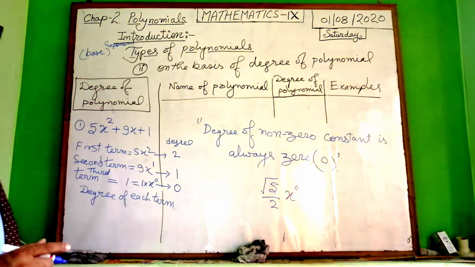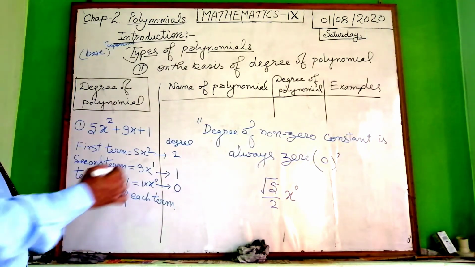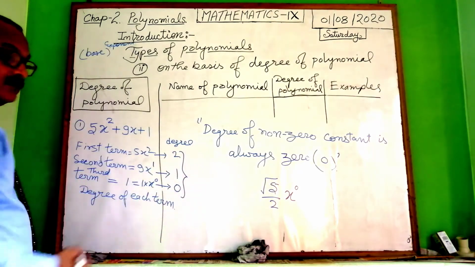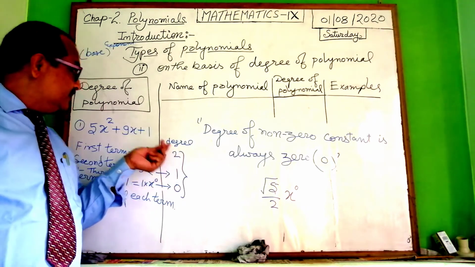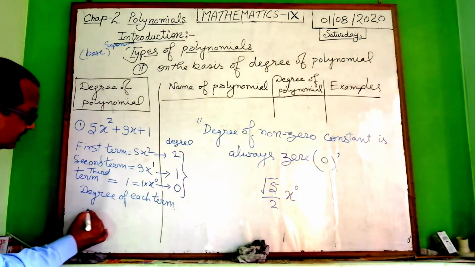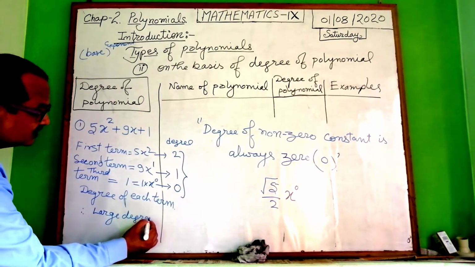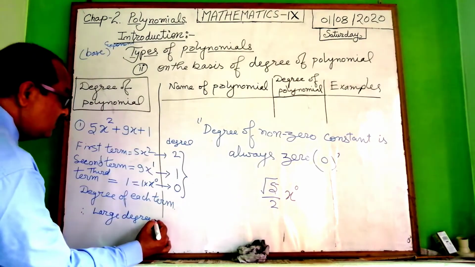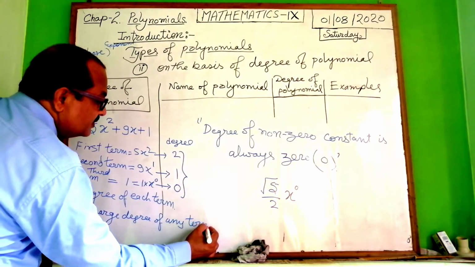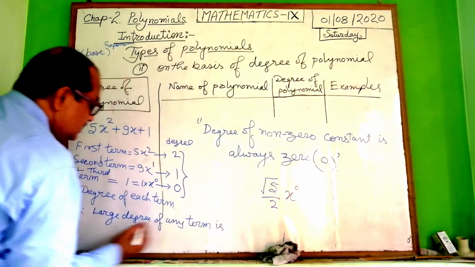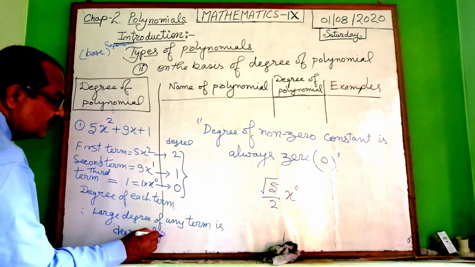Now the concept of degree of a polynomial. I have written here the degrees of different terms. Select which one is the largest, that is 2. It means you can write here: the largest degree of any term is the degree of the polynomial.